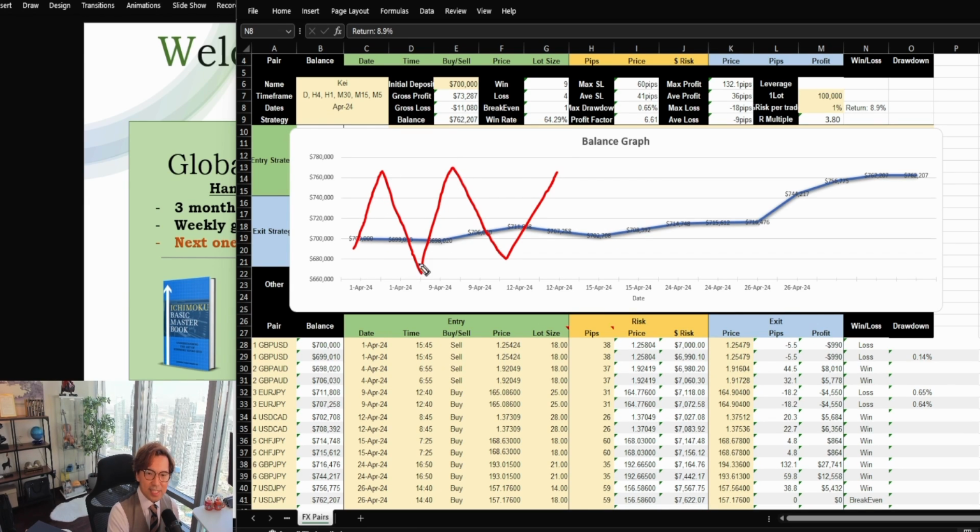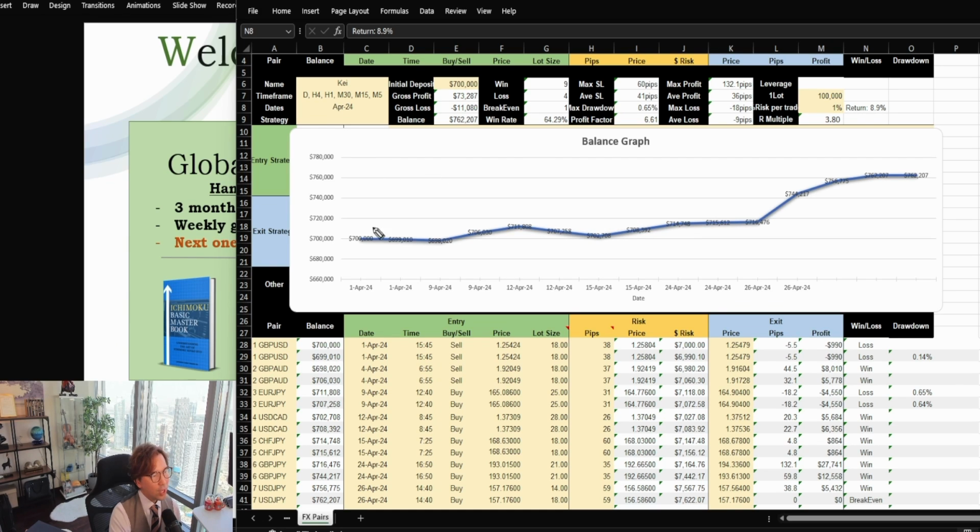So this is very choppy, like a range market. If your performance is like this, it means it's too risky. You may lose your whole account on the next trade. So this is not an ideal pattern for you to draw on the graph.